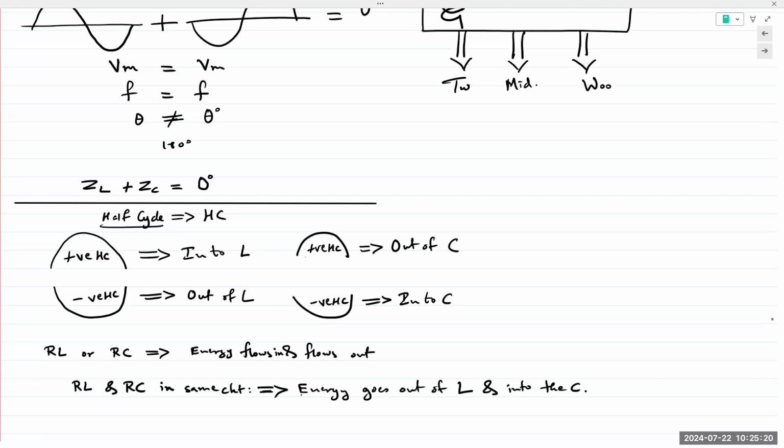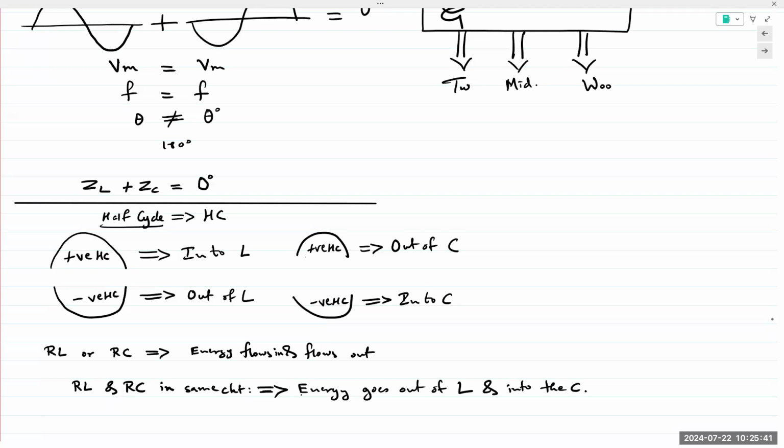So let's take a pause right now while you think on that scenario. Let's say you had a signal of 1 hertz, meaning 1 cycle per second. So every second in a positive half cycle, the energy flows into the inductor. The next half cycle, energy flows out of the inductor, goes into the capacitor.